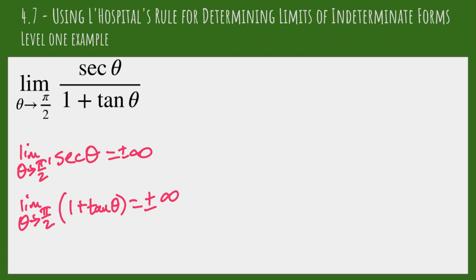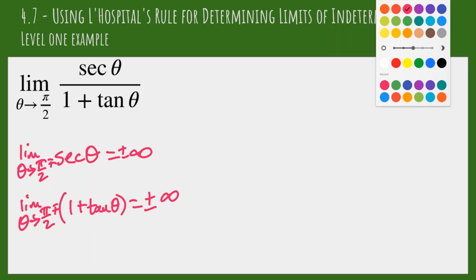As we approach each of these from the left side, then we're approaching positive infinity. And as we approach from the right side, we're approaching negative infinity. So I put the negatives on top to match up with the positive on top here for both of them. Okay, either way, we get an indeterminate form infinity over infinity, which means L'Hopital's rule is going to apply.